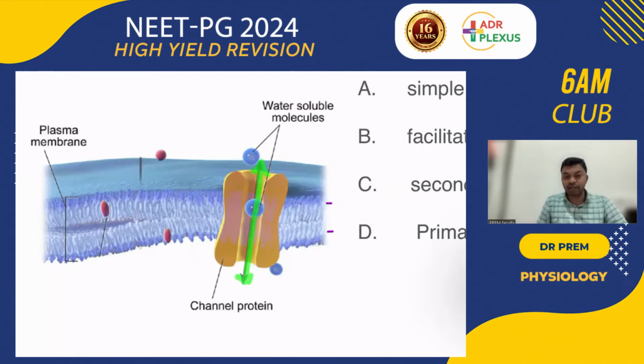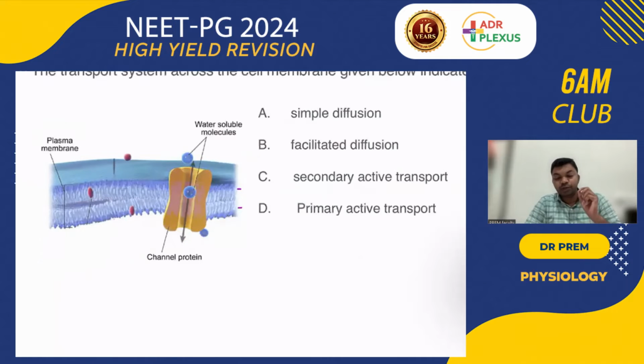You see a protein or a structure which is carrying out the transport of the molecule, and this transport happens in both directions, inward as well as outward. Obviously, this is going to be a channel. They themselves have named it. And you guys know wherever a channel is involved, this is facilitated diffusion. The word channel specifically indicates facilitated diffusion, people.